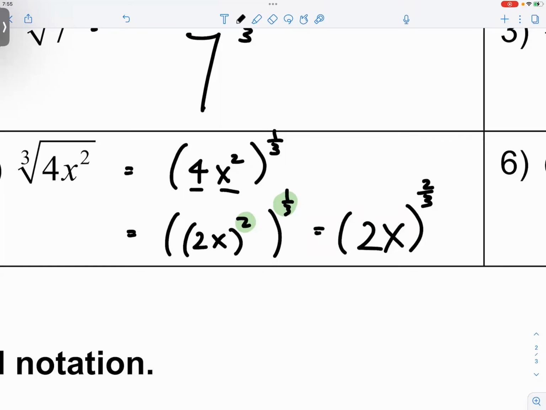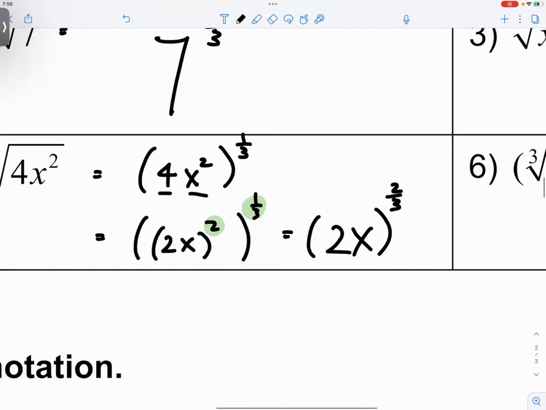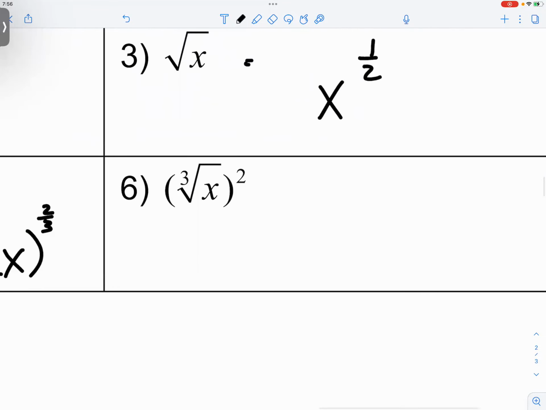I want to revive your memory from before. All right, what about this? This is x to the what power? So you have a square, you have a cube root. So there'll be 2/3. Okay.